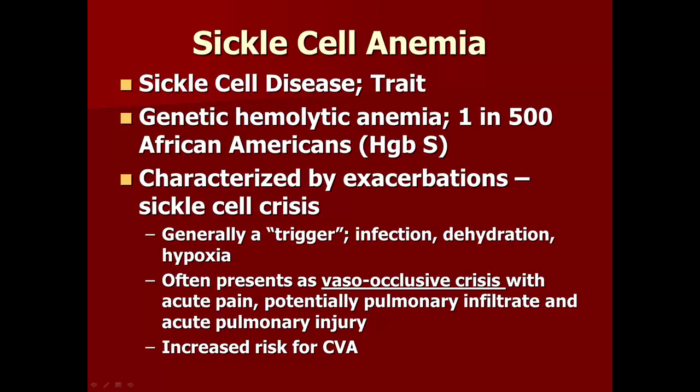We also know, because of these abnormal size and structured cells and the vaso-occlusive crisis, there is an increased risk during the sickle cell crisis for stroke as well as MI. The largest population where we see sickle cell crisis is in children and in young adults.